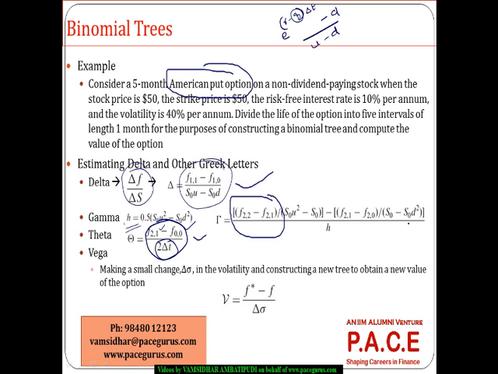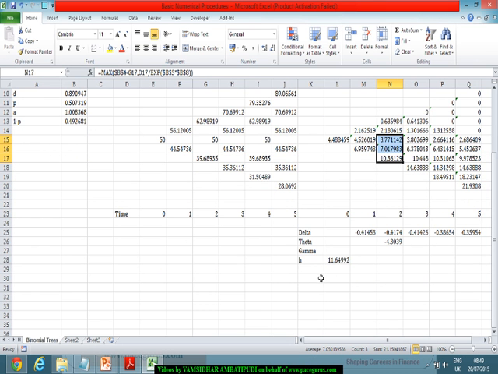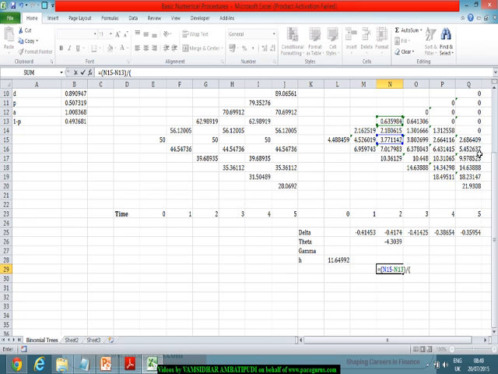Right? I'll take one delta with respect to... okay, let me look at the two deltas here. The first one we are saying, okay, the change in the stock option price from here to here when the stock price has changed from here to here.